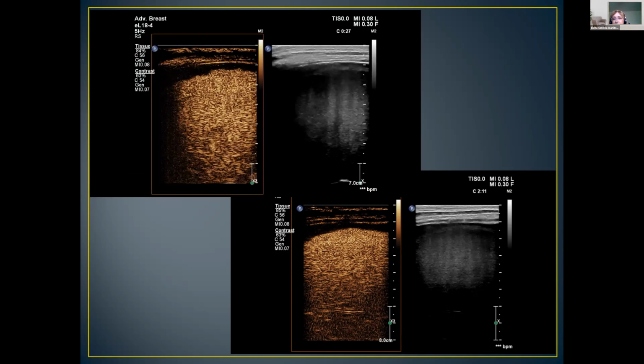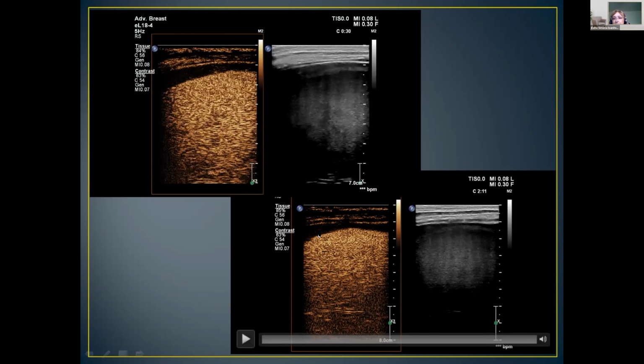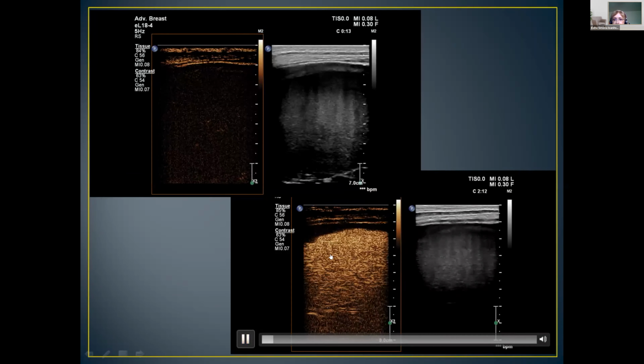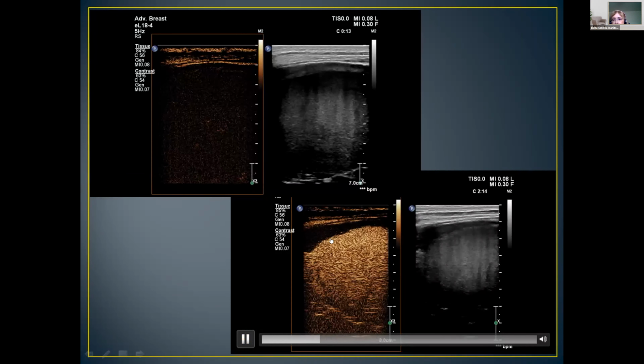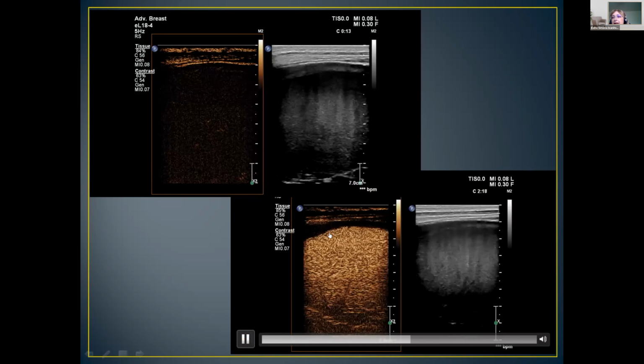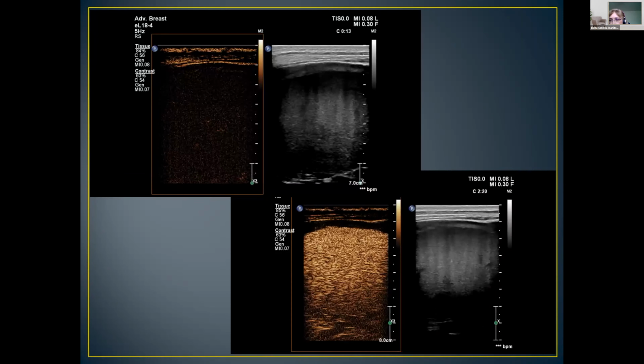Yes, because in active bleeding, we see small microbubbles moving into the hematoma. We can see the point where the artery is traumatized.